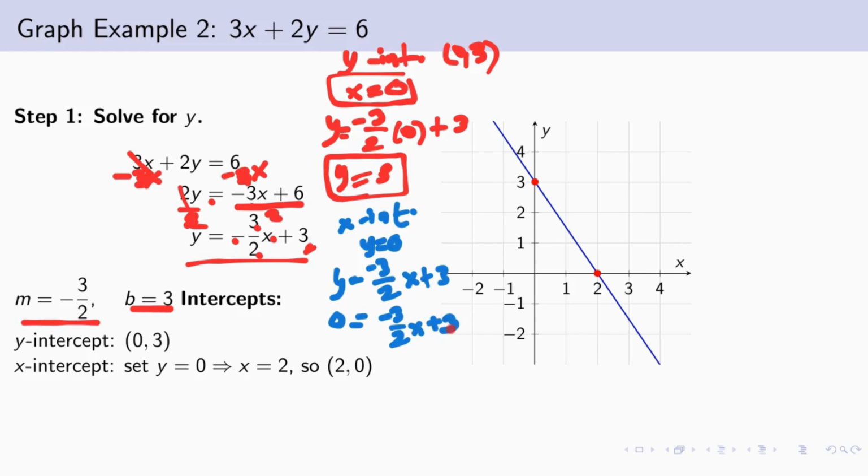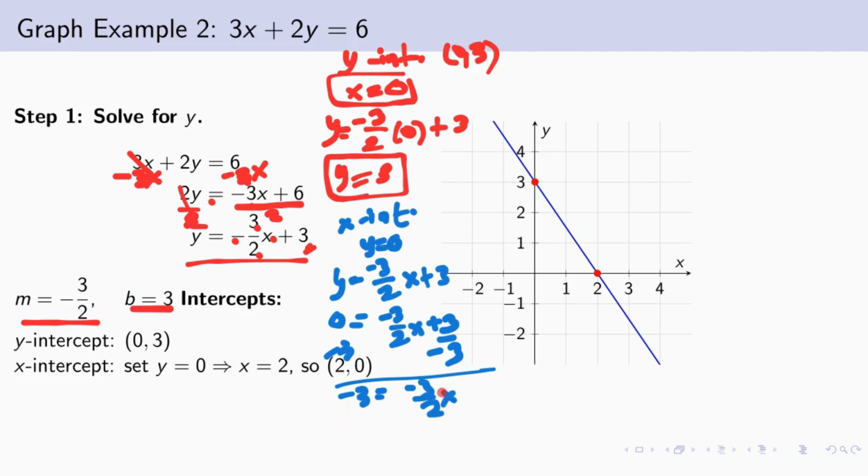We can eliminate this 3 to the other side so that x would be isolated. So subtract 3 from both sides. That gives us negative 3 equals negative 3 over 2x.